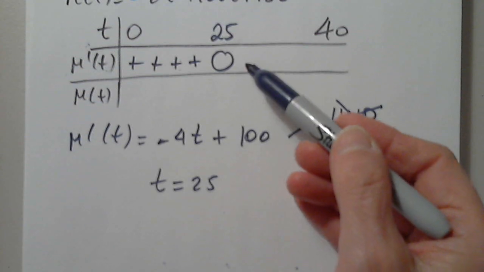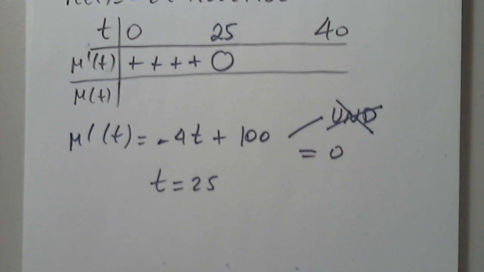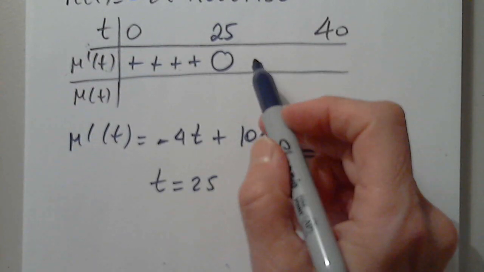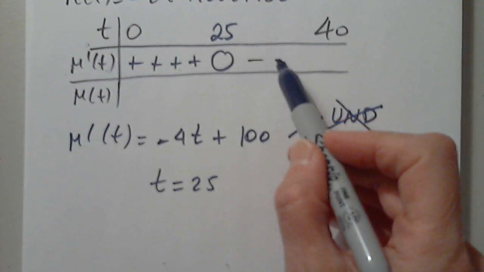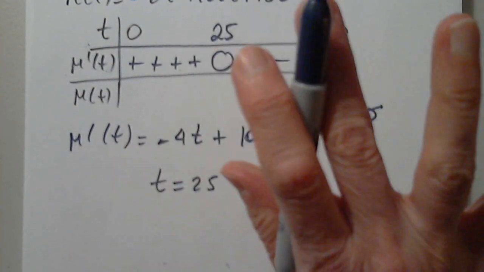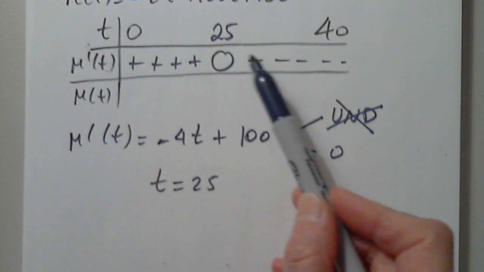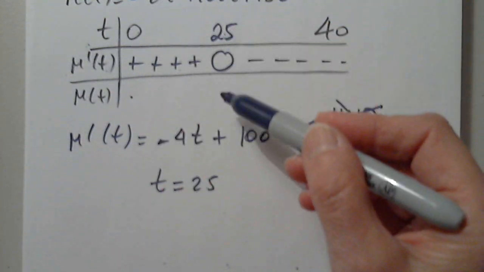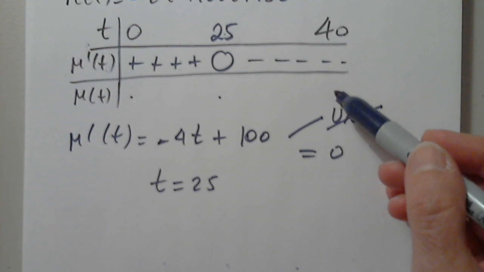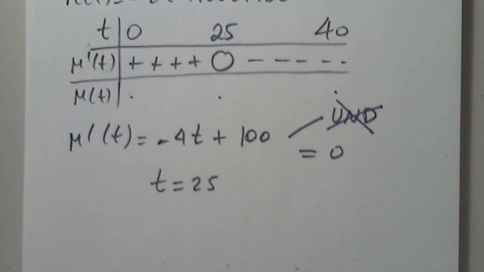When we plug in 40, what is the sign here? Negative. Yes, it is negative because this will be negative 160 plus 100. Awesome. At this point, we know the conclusion here. We know that, but we have to plug in 0, we have to plug in 25, and we have to plug in 40 in the function.